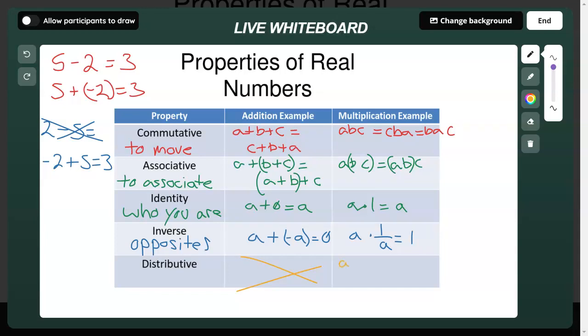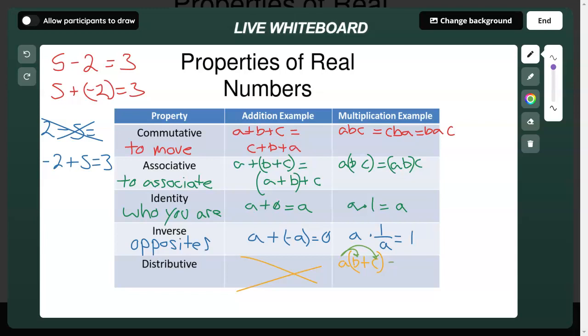So I have A being multiplied by the sum of B and C. A is being multiplied by everything inside that parenthesis. So we have to distribute that A with the B and the C. And if I have more things, we will continue to distribute.